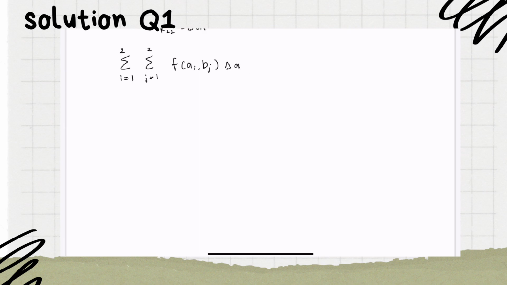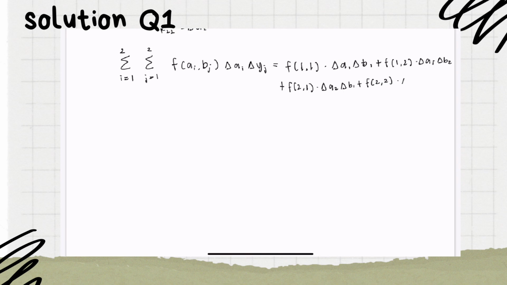Sorry for my mistake, that is not y, it's b, so area bj. This equals f11 multiplied by area A1 multiplied by area B1, plus f12 multiplied by area A1 area B2, plus f21 multiplied by area A2 area B1, plus f22 multiplied by area A2 multiplied by area B2.